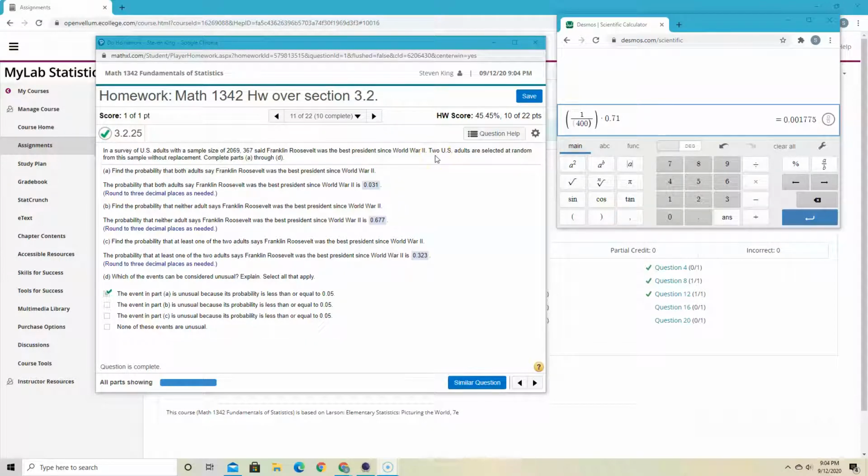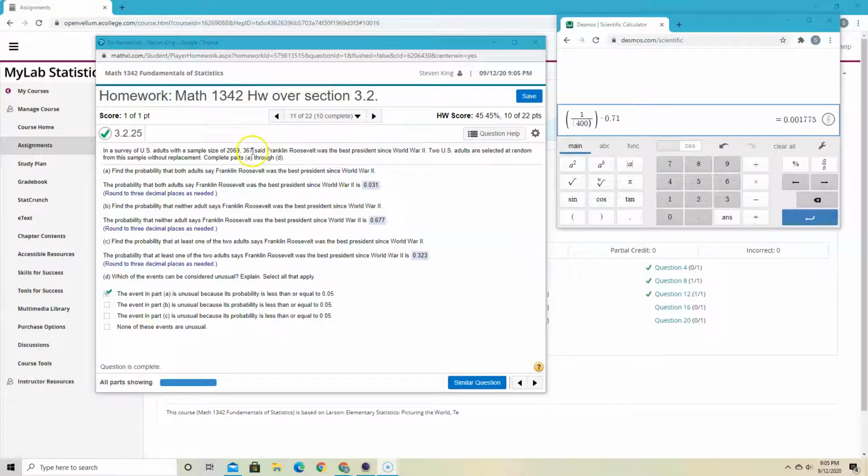they're now going to ask us, if we randomly select a first adult from this survey, so let's say the 2,069 adults filled out the survey, and then there was an identification number at the top of the form. The person doesn't put their name on.